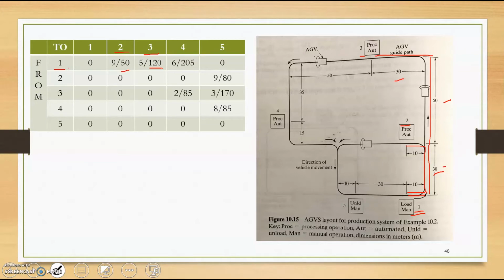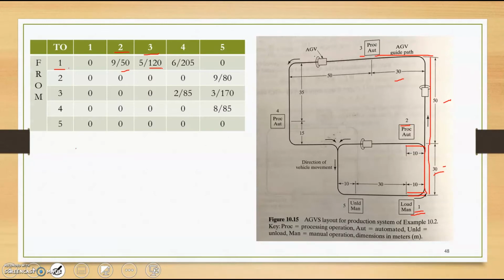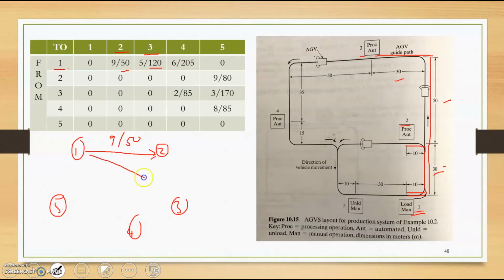To help us understand the travels better, we can develop this network diagram. Let's say I start with station 1, then stations 2, 3, 4, and 5. From the chart, we know that the AGV travels from station 1 to 2. The value is 9 to 50, and then it travels from 1 to 3.